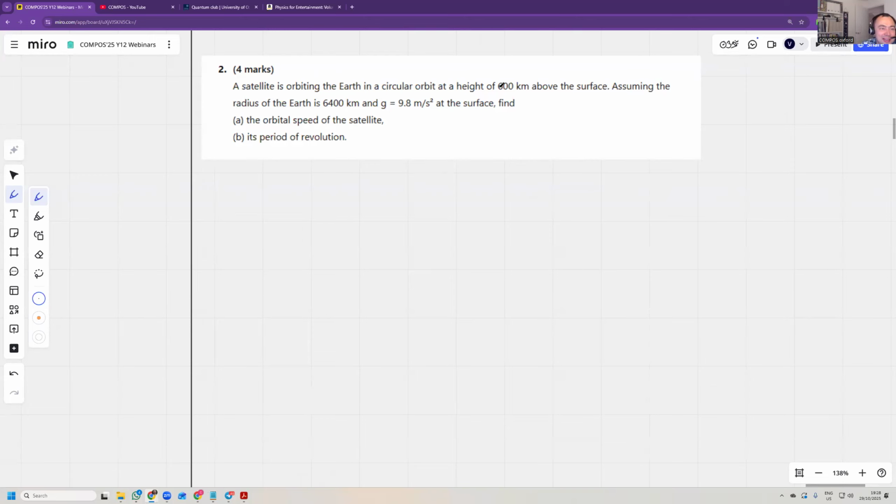Let's say it's a low circular orbit. Okay, low orbit is typically under 100 kilometers. We can assume it's just really small. Low orbit is the minimum orbit where the effect of air resistance is negligible.